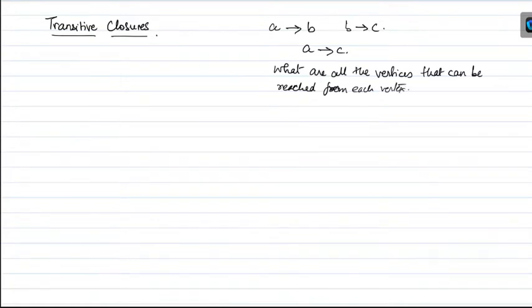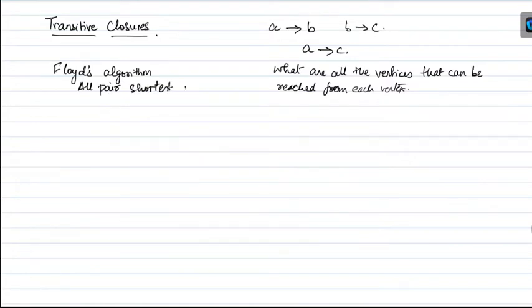Okay. So what we're going to do is use Floyd's algorithm. Okay, so Floyd's algorithm is actually for all pair shortest paths, right?